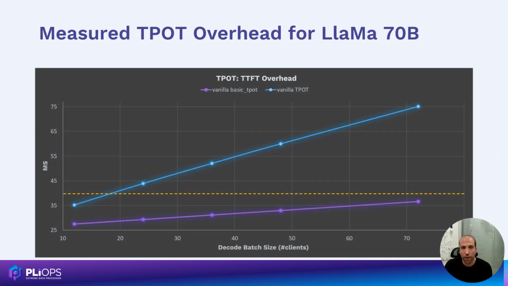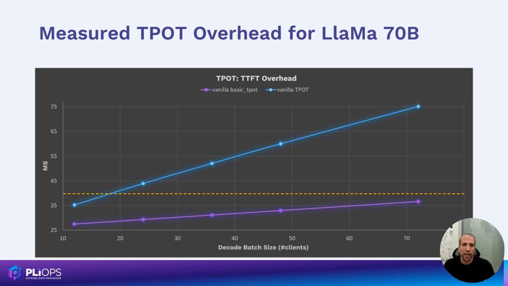Again, let's verify that our analysis matches reality. Here you see a plot for Llama 70B on H100. The x-axis is the decode batch size, the number of clients, starting from about 12 to 72.